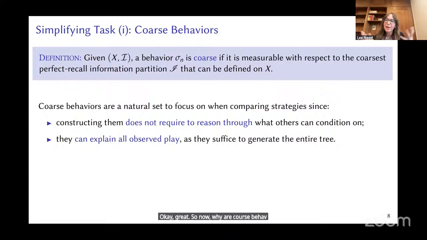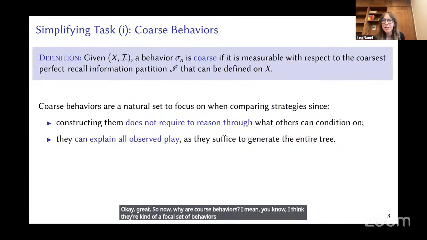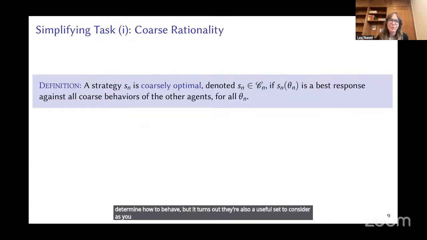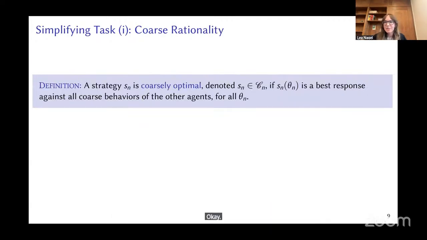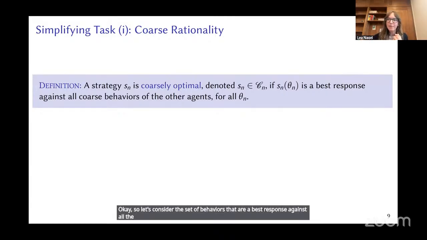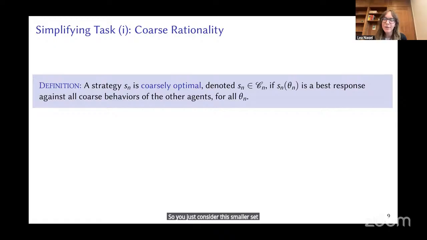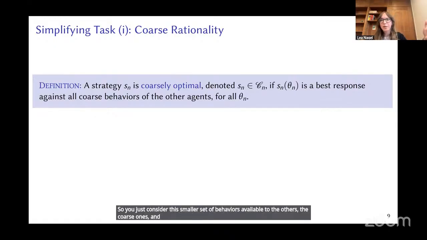So now, why are coarse behaviors useful? I mean, I think they're a focal set of behaviors to consider as you're trying to determine how to behave, but it turns out they're also a useful set to consider as you're determining how to behave. Okay, so let's consider the set of behaviors that are a best response against all the coarse behaviors of the other agents. Okay, so you just consider the smaller set of behaviors available to the others, the coarse ones, and you're going to best respond to that.